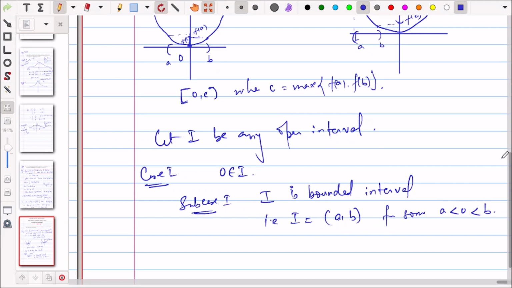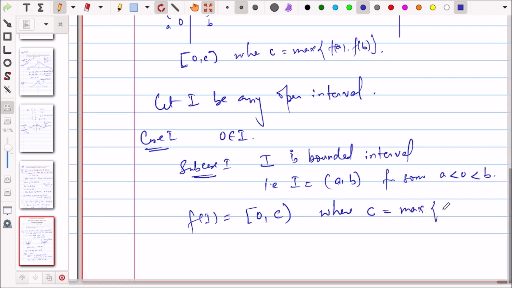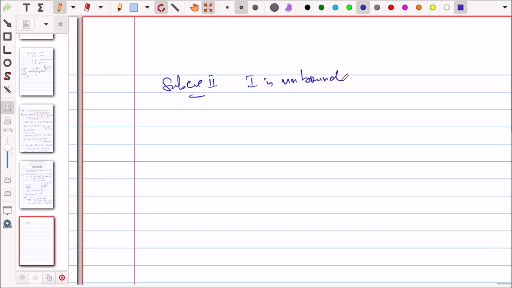Then what will be our f(I)? Then f(I) will be equal to the closed interval [0, c], where c is equal to the maximum of f(a), f(b), that is, the maximum of a square and b square. Now sub case 2, I is unbounded, so either the left side approaches minus infinity or the right side or both.